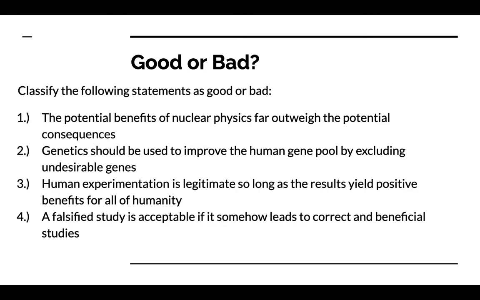But on the flip side of this, we had students who very rightfully and very keenly noted that undesirable genes is a subjective statement, meaning that it's based on a person's interpretation of what constitutes an undesirable gene.